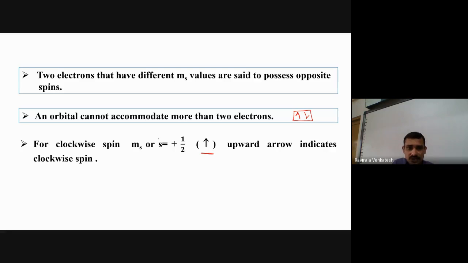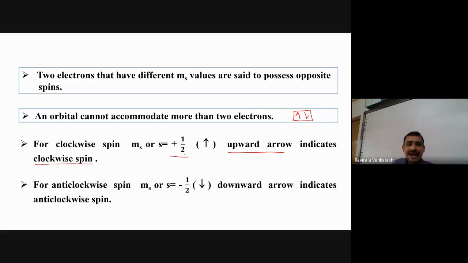Always remember: clockwise spin, upward direction, plus half. Anti-clockwise spin, minus half, downward direction.